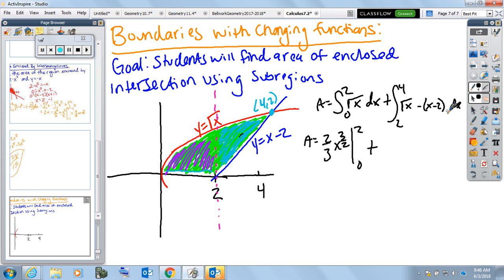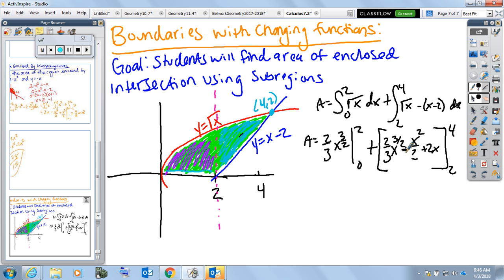And so this is the entire thing of 2/3 x to the 3/2 minus x squared over 2, and then plus 2x as well, all from 2 to 4, okay? Oh, I'm sorry, this is supposed to be a negative in here. This is not positive, the other one's positive. So negative over there. All right, and so what we see here, guys, is that we can't assume that this is the entire thing.